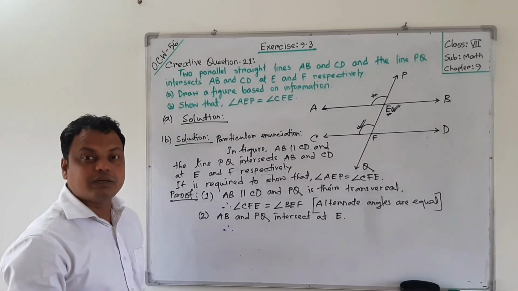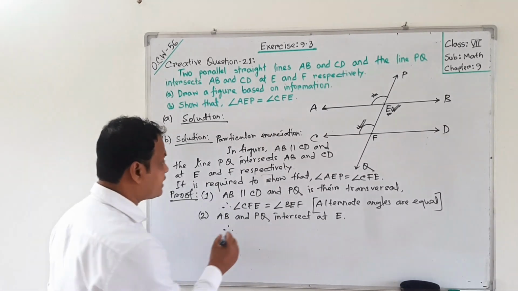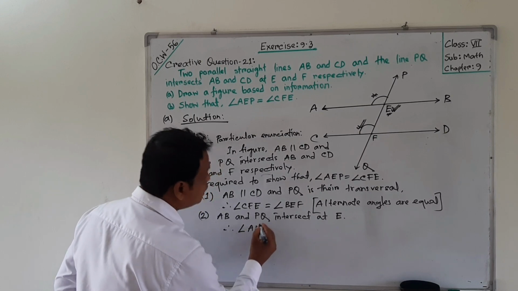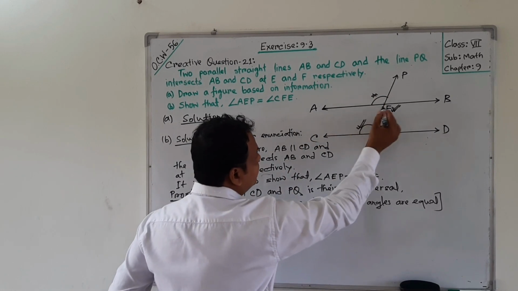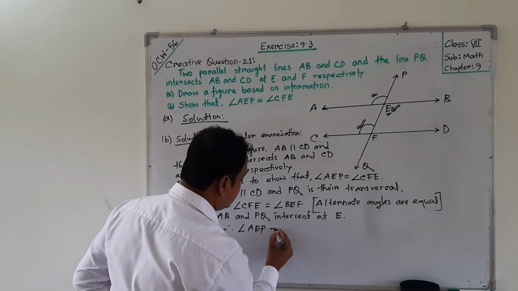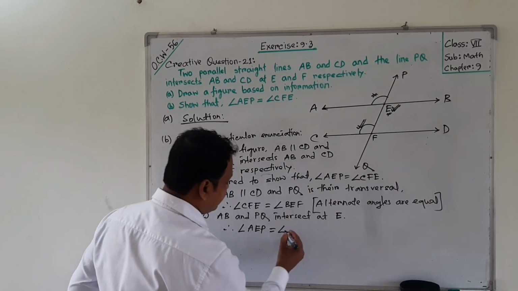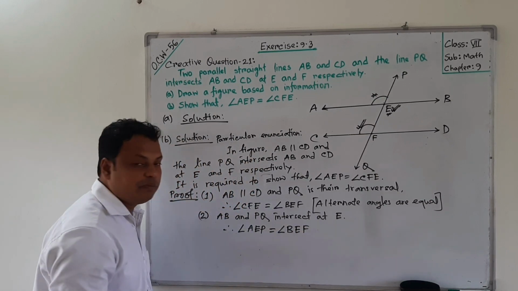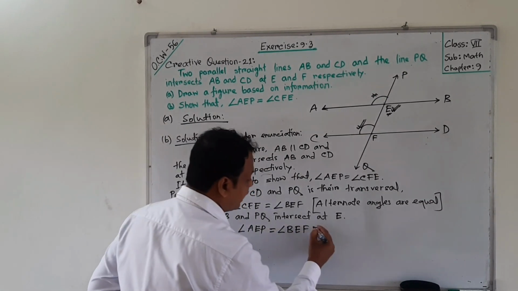We know that vertically opposite angles are equal. So we can write angle AEP, the name of this angle, equals angle BEF. These two angles will be equal because they are vertically opposite angles.